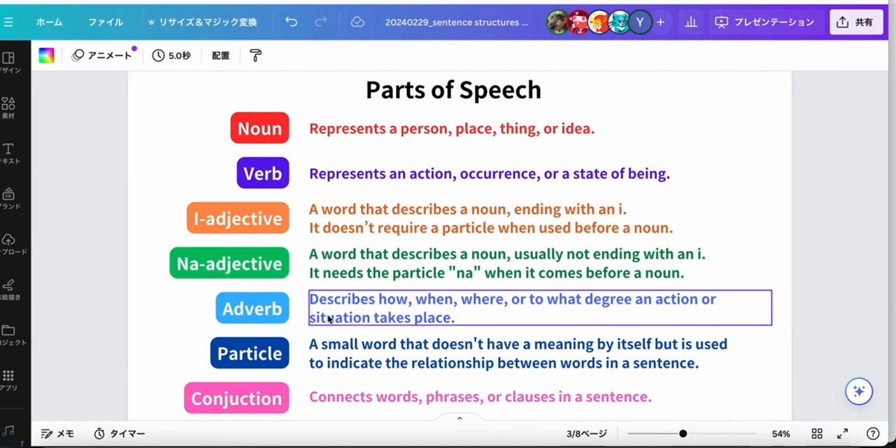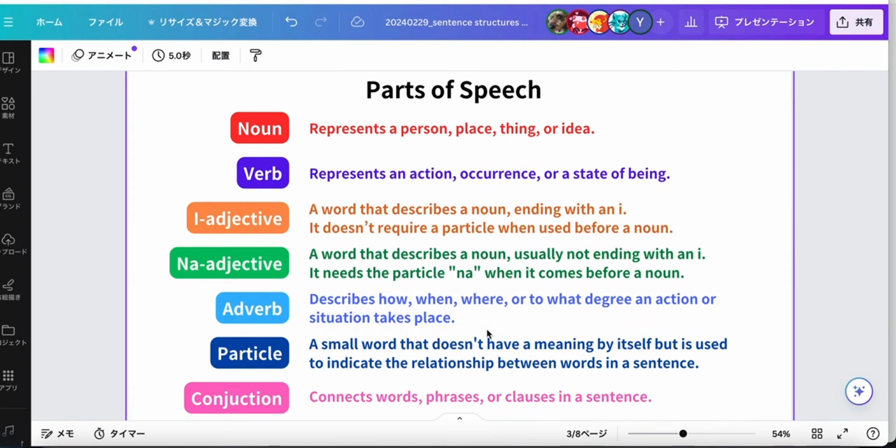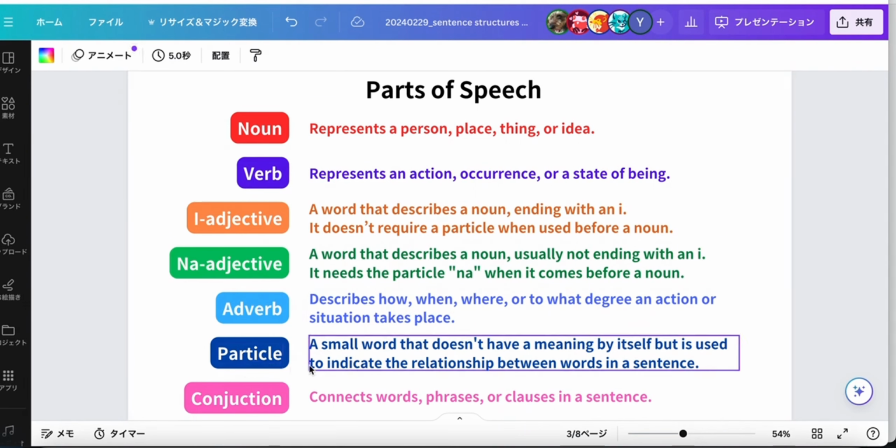And adverb. Adverbs are to describe how, when, where, or to what degree an action or situation takes place. Particles. So I don't think English has a particle, but I think it's similar to a preposition. Kind of similar. So it's a small word, and the particle itself doesn't have meaning, but it indicates the relationship between words in a sentence.